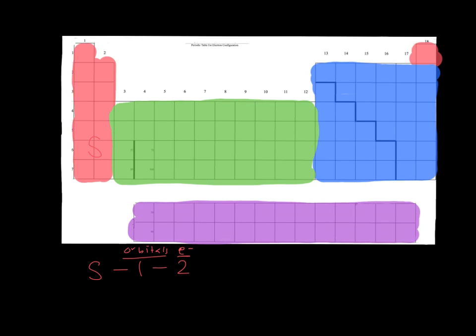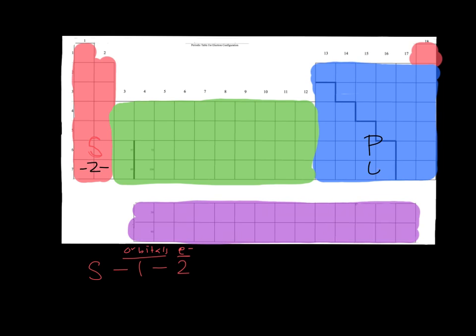So that's why this one right here is called the S block. And so it's 2 elements wide.